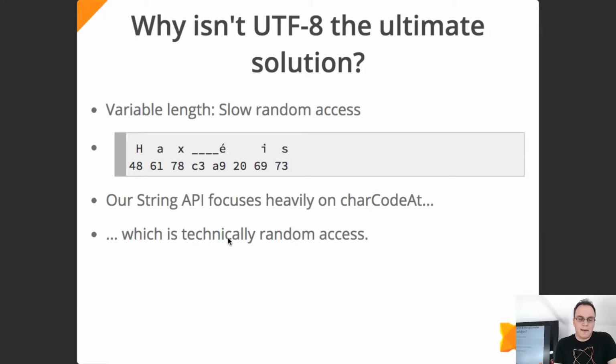I'm going to talk a bit more about that later, but the thing here is we have linear lookup instead of constant lookup, and that's really bad. It might not look so bad in an example like this, because this is a very short string, so it doesn't really matter if we go here by 1, 2, 3, 4, 5, 6, 7 steps. It's not a big deal. But if that string gets longer, it becomes a big deal, and I'm going to show you some numbers regarding that a bit later too.